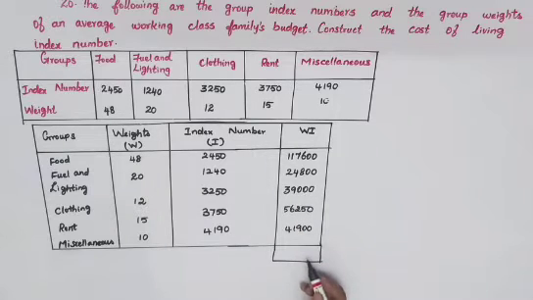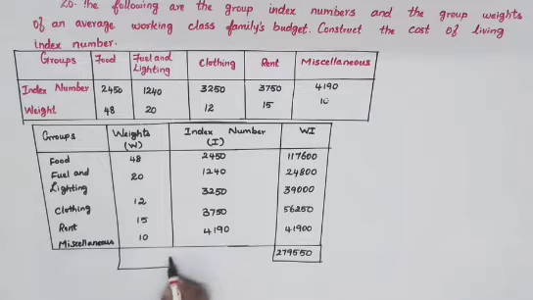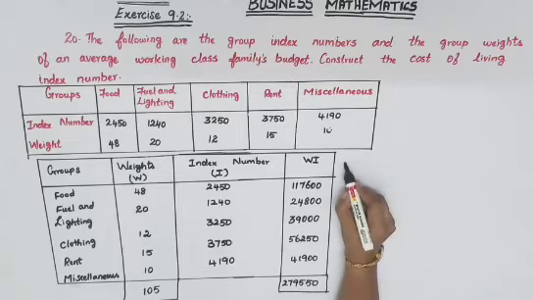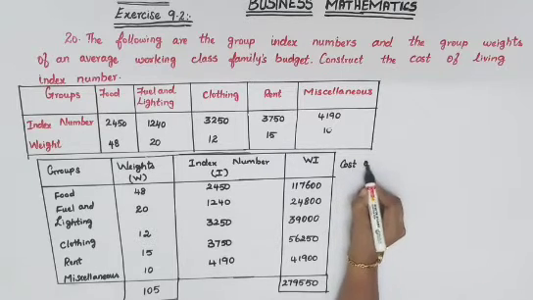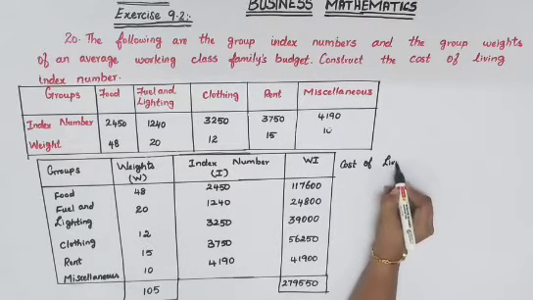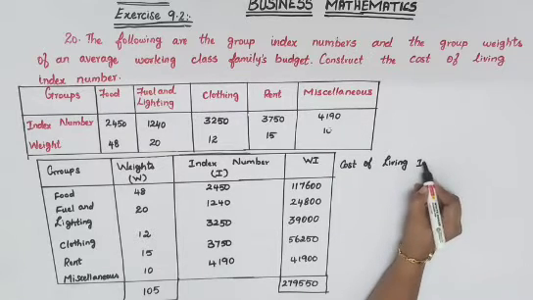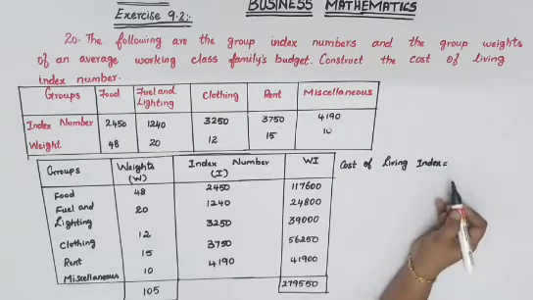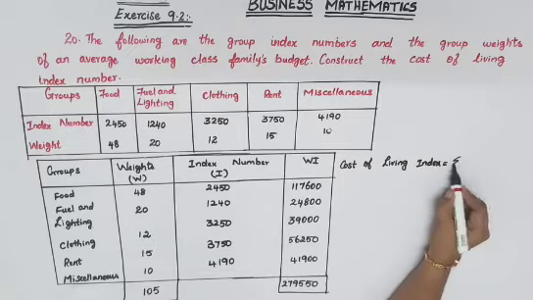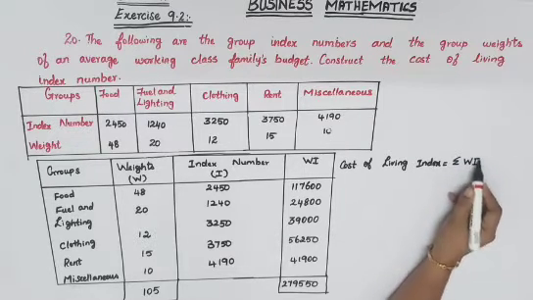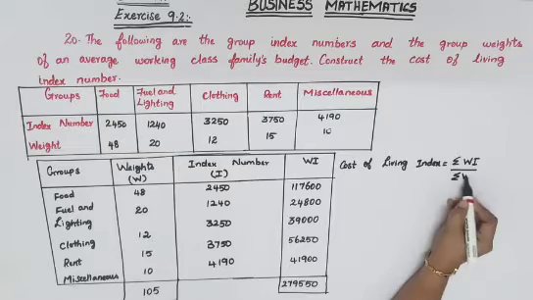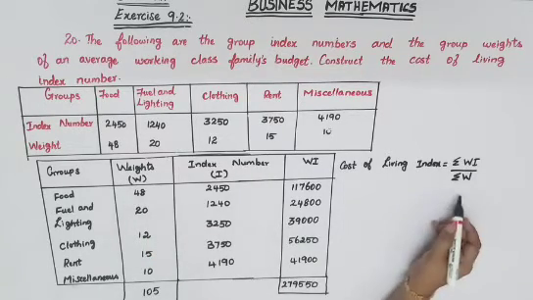Now sigma WI you have to find. Adding all these data, you will get 279550, and sigma W, that is nothing but 105. Formula: cost of living index is equal to sigma WI divided by sigma W. When weight is given, you have to use this formula.